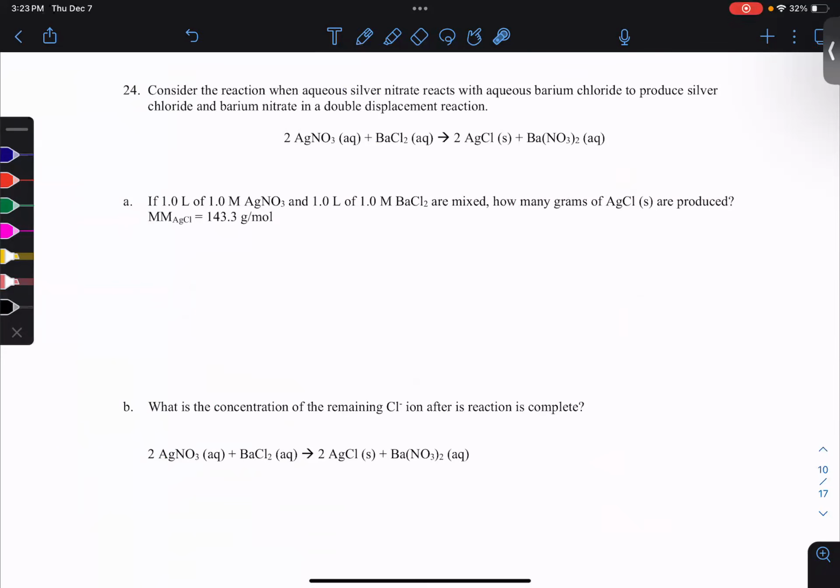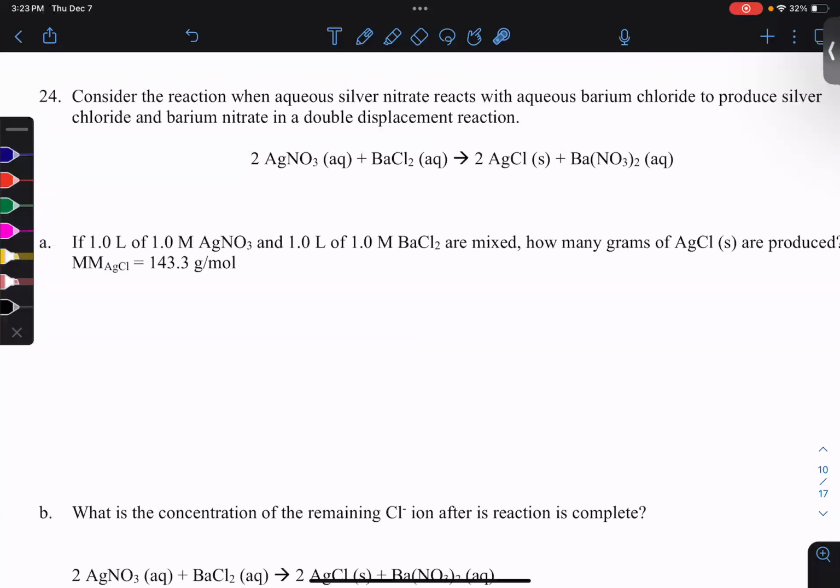Okay, consider the reaction here. If these things are mixed, how much silver chloride is produced? Okay, so I could technically do a BCA table here, but I don't want to. Because here's the thing, a BCA table is just meant to organize your thoughts so you can choose the correct limiting reactant.